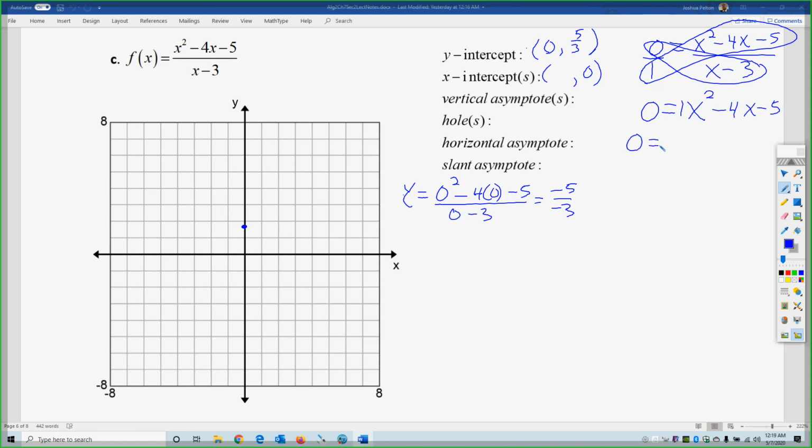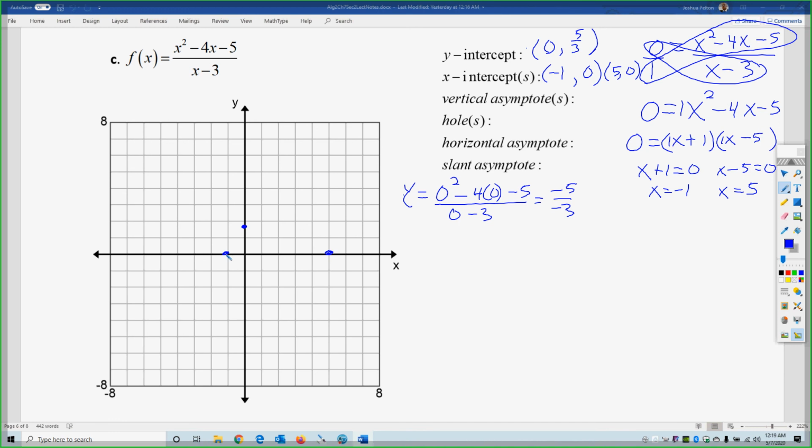Okay, so that is factorable, I believe, because I'm going to get 1x, and factors of 5, since 5 is prime, is only 1 and 5, and negative 5 and positive 1, multiply to negative 5 and add to negative 4. So x plus 1 is equal to 0, and x minus 5 is equal to 0. So x is negative 1 and x is 5, okay? Which means we have 2 of these x-intercepts. So 1, 2, 3, 4, 5 right there, and negative 1 right there.